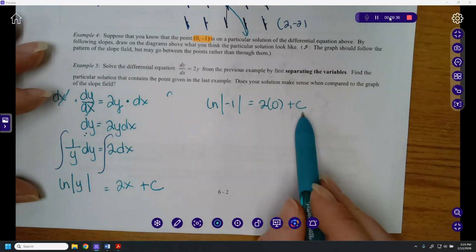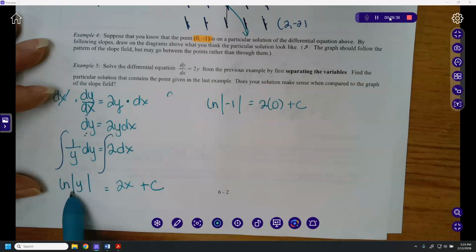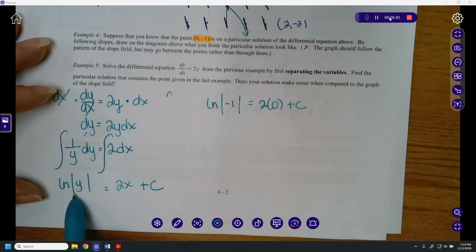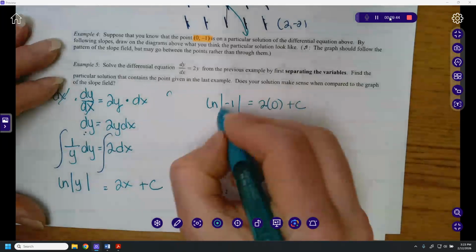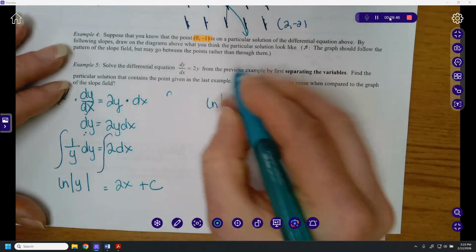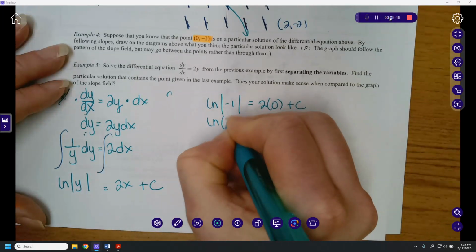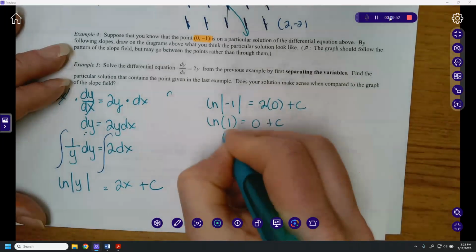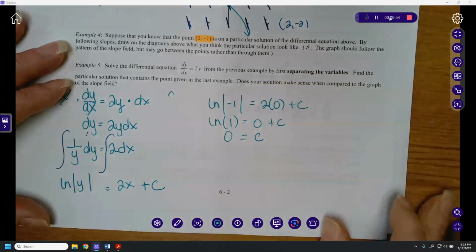We're going to solve for c right now, but understand here that when you drop out an absolute value, this could be a plus or minus situation. I'll get to that in a second. The natural log of the absolute value of -1 is natural log of 1. 2 times 0 is 0. I hope you know that natural log of 1 is also 0. That means c equals 0.